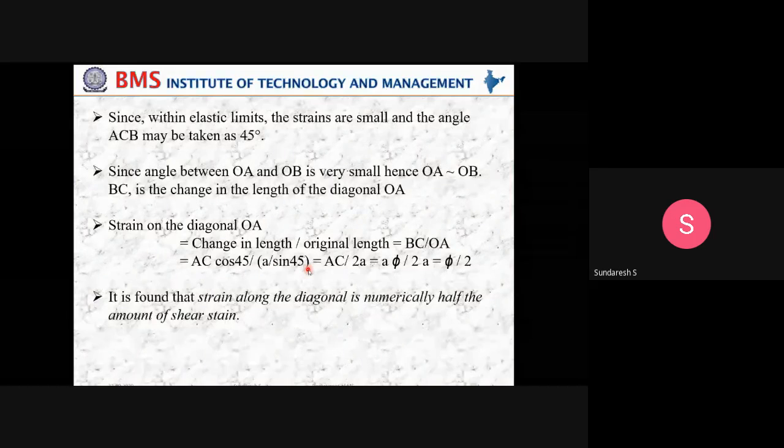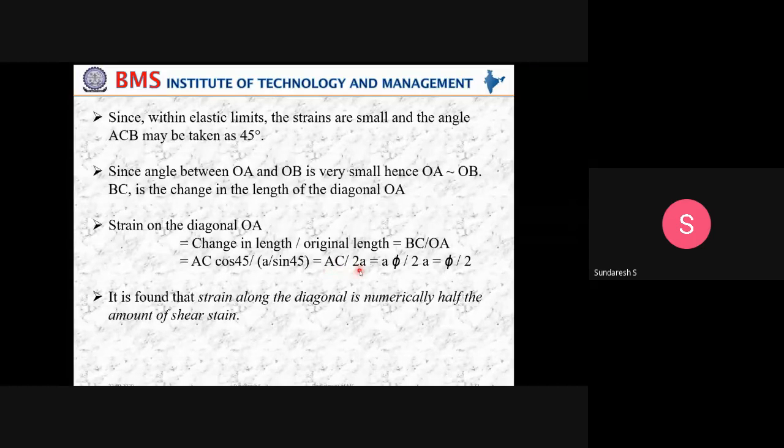Now what we have here is AC into 2A. How did we get 2A? We are going to get sine 45 divided by cos 45. So sine 45 by cos 45 is tan 45. Tan 45 is 1 by root 2. So we are going to get 2A.